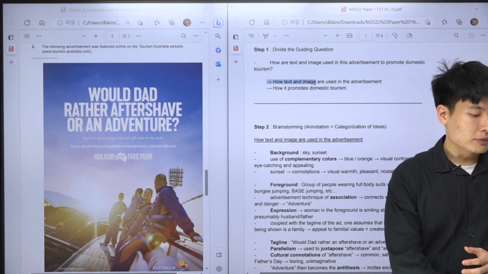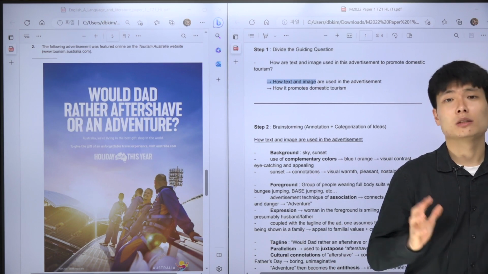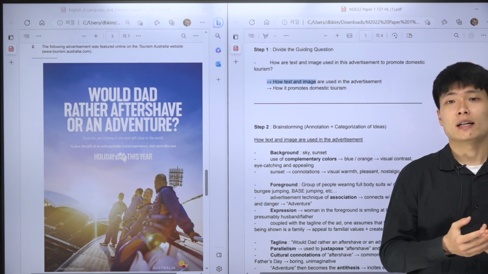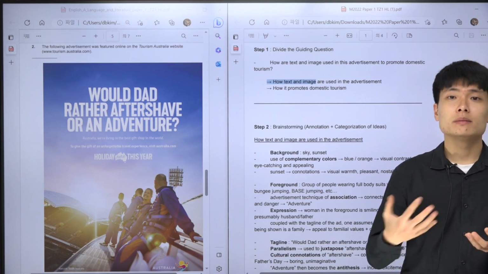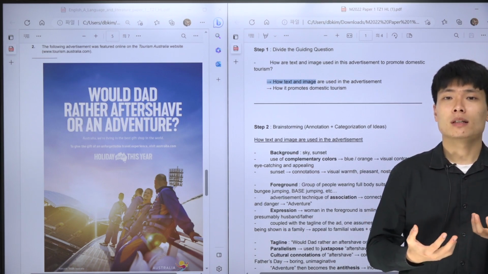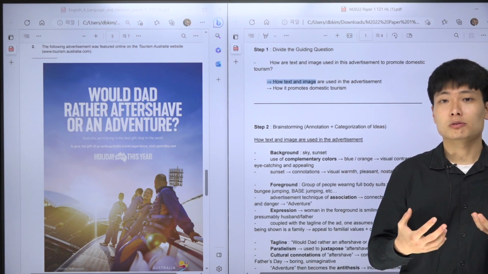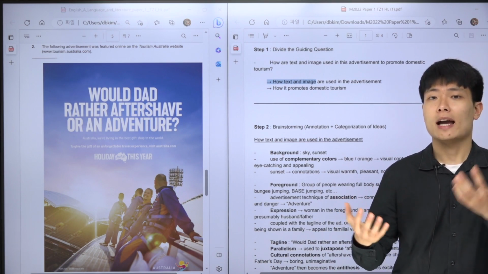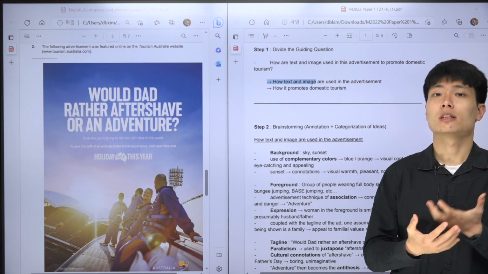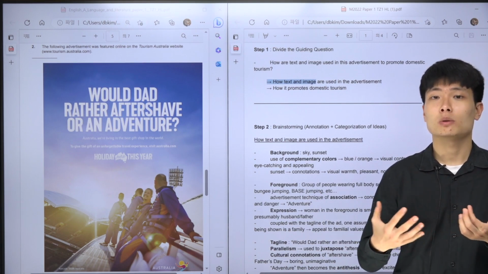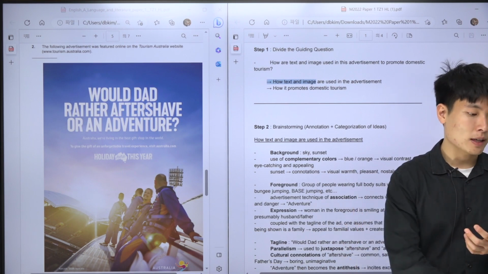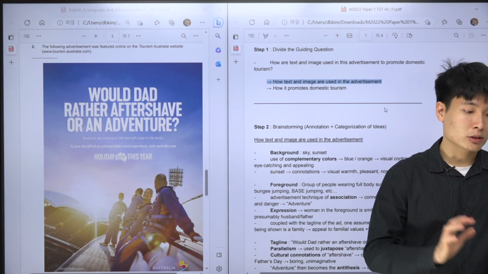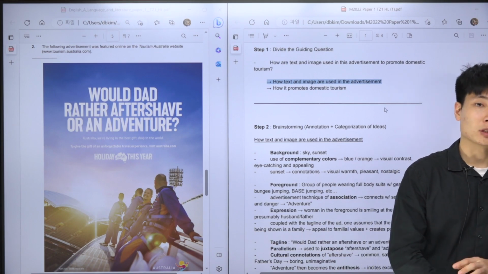You'll notice that I have combined text and image into one constituent demand. And the reason for that is, as I mentioned, text and image, you can look at them separately, but in most cases, textual features and visual features are working hand in hand. They complement each other to deliver a message or to help the text achieve its purpose, which is why I have combined them together into one guiding question demand.